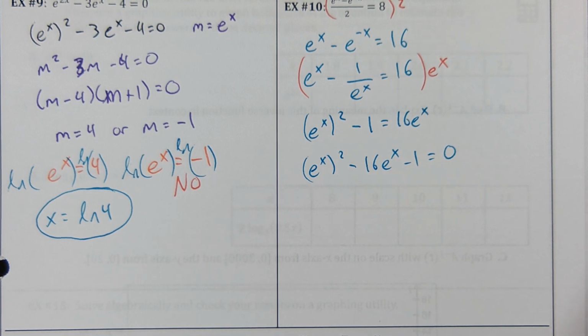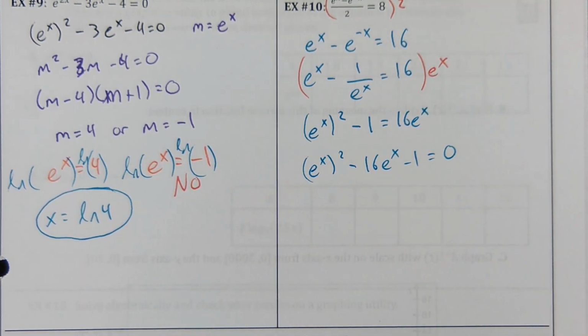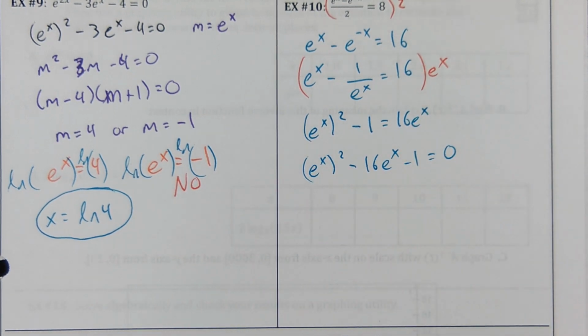Quadratic formula. Now, normally the quadratic formula would say x equals negative b, yada, yada, yada. But we can't do that because our variable isn't x. Our variable is e to the x. So we're still using the quadratic formula, but we're saying e to the x equals negative b plus or minus root.